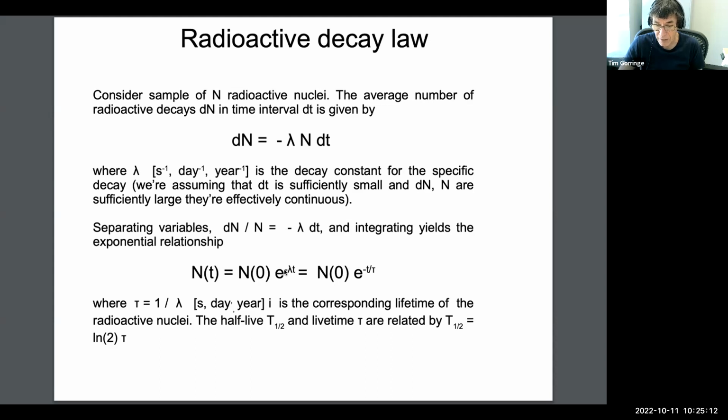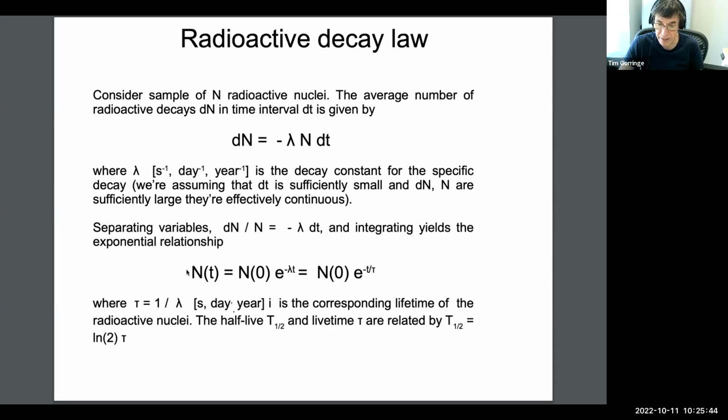So again, if lambda, the decay rate, is a large number, your radioactive nuclei are going to decay away rapidly, and this will be a rapidly falling exponential decay curve. If lambda, your decay rate, is small, you've got slowly decaying radioactive nuclei, then this exponential decay curve will be a slowly falling exponential decay curve.